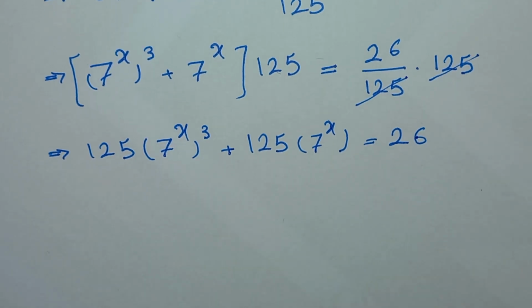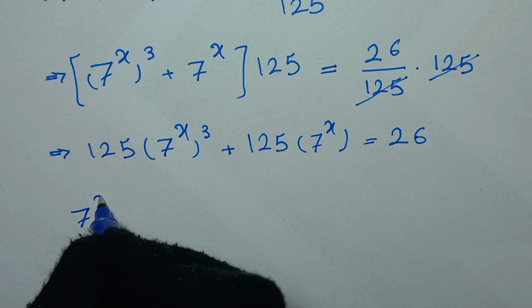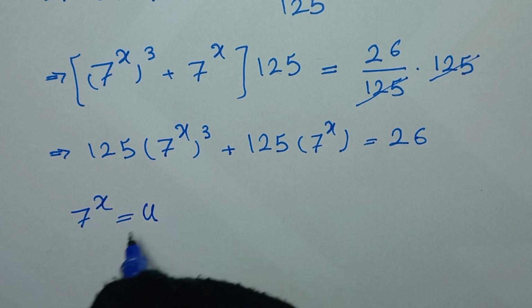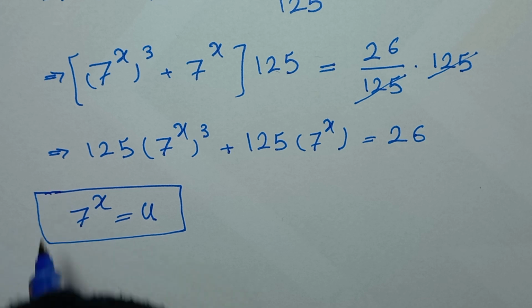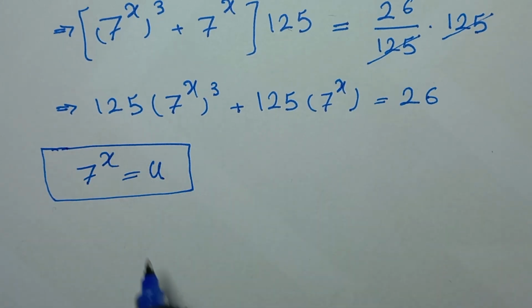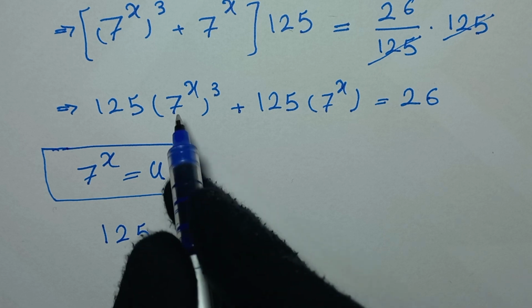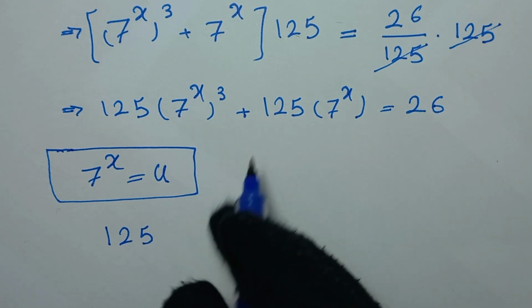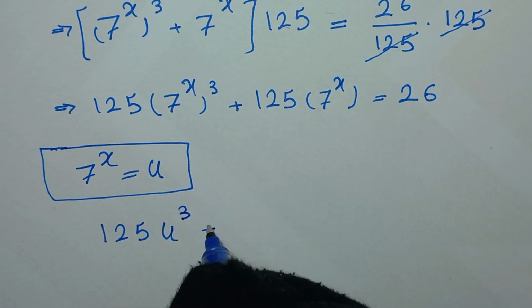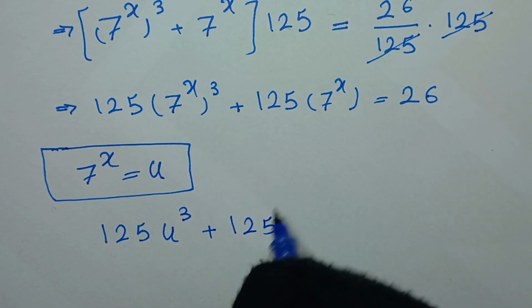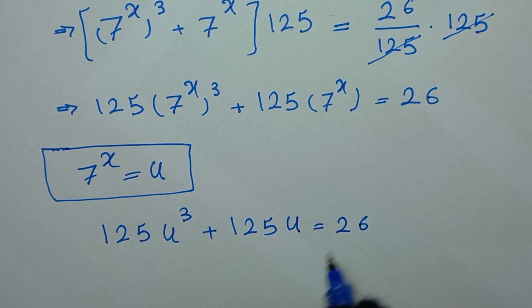And in the next step, we let this 7 to the power of x be u. So we rewrite this equation, and it will be 125 times u to the power of 3 plus 125 times u is equal to 26.